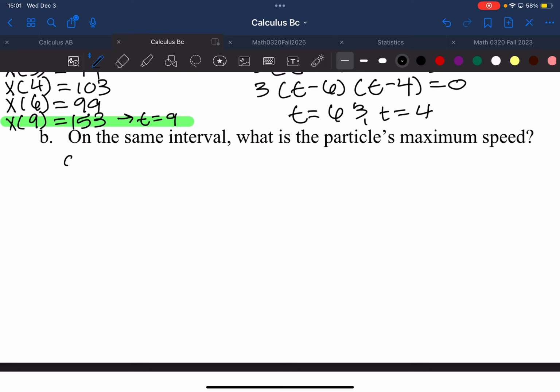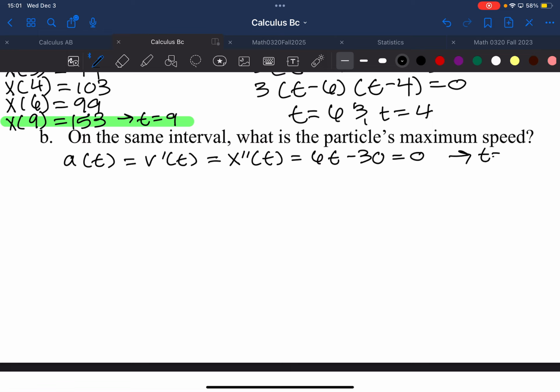So we know that acceleration is equal to the derivative of velocity, which is the second derivative of the position function. So taking that derivative, we get what? 6t minus 30, set that equal to 0, and that means t is equal to 5.